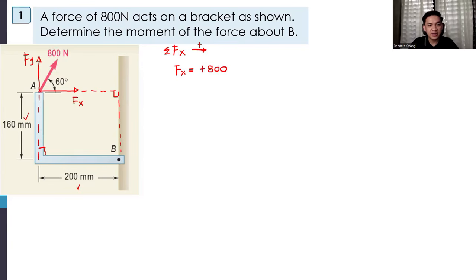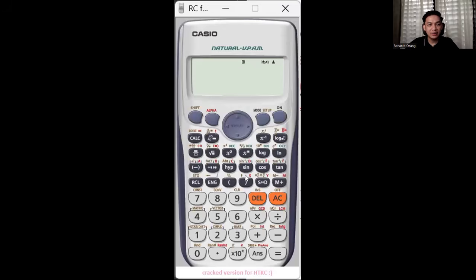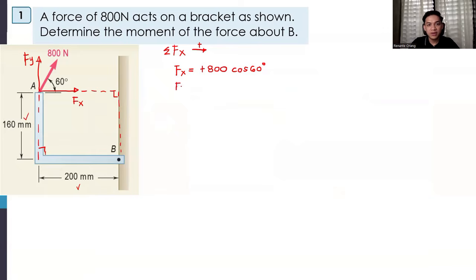And then tingnan natin, class, our Fx is our adjacent side of this angle. So pag adjacent, that is cosine of 60 degrees. Calculator natin, we have 800 multiplied by the cosine of 60. That is equivalent to 400 Newton.